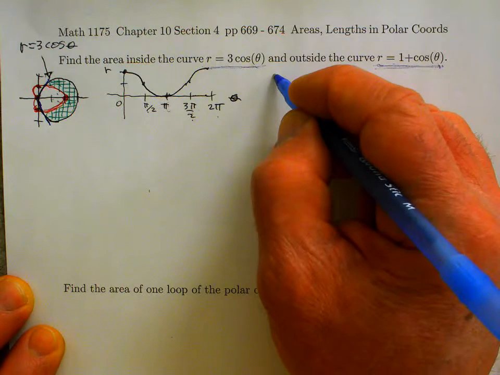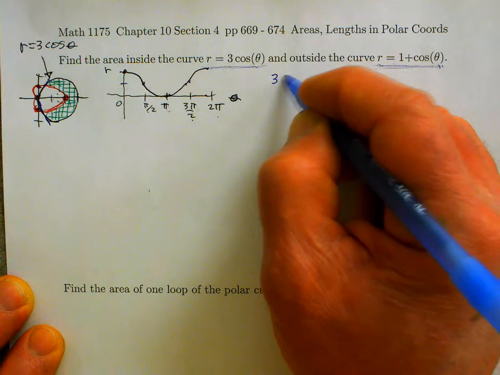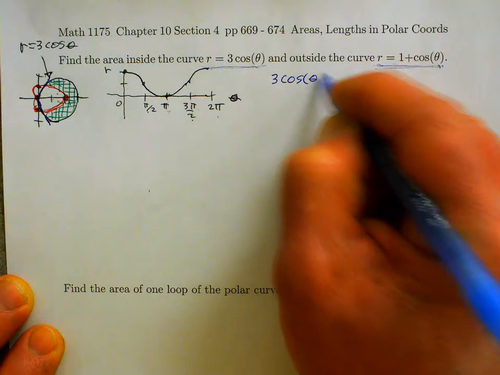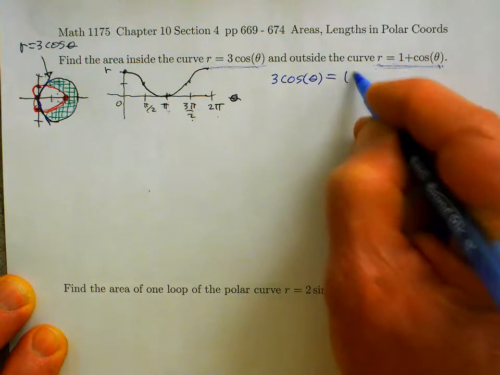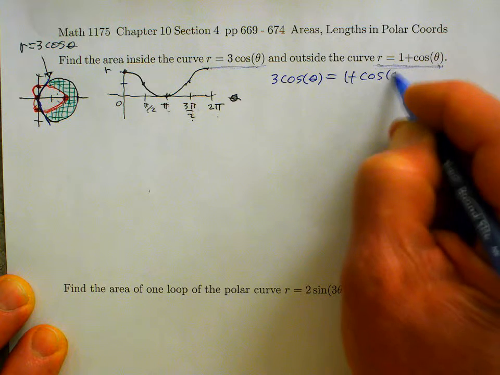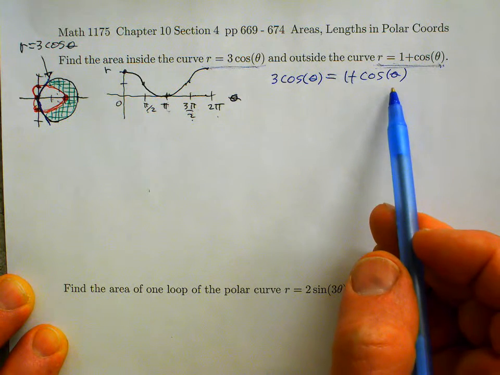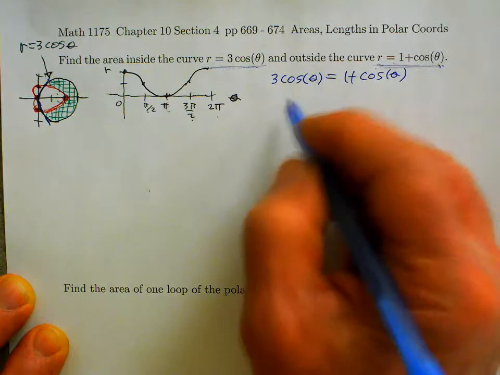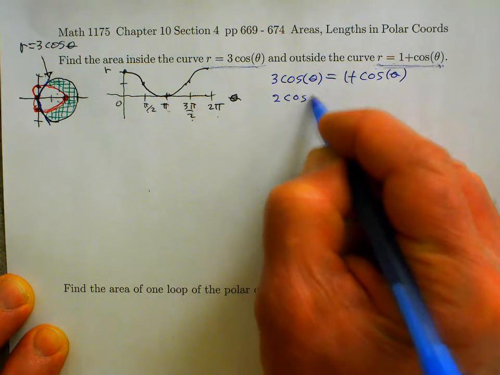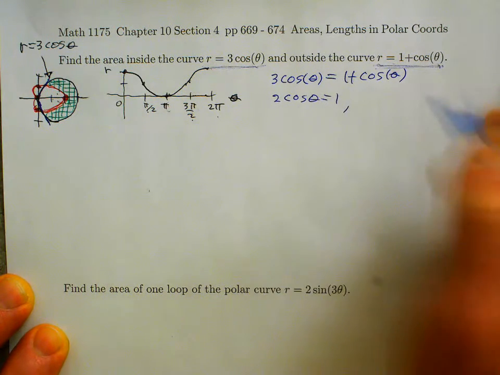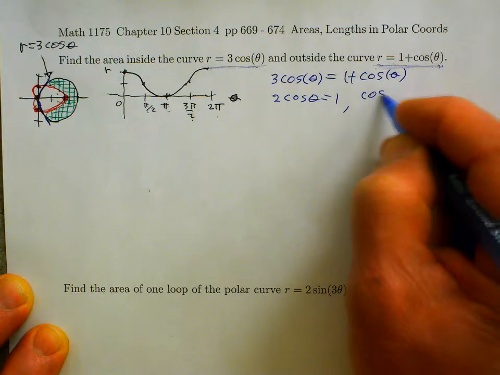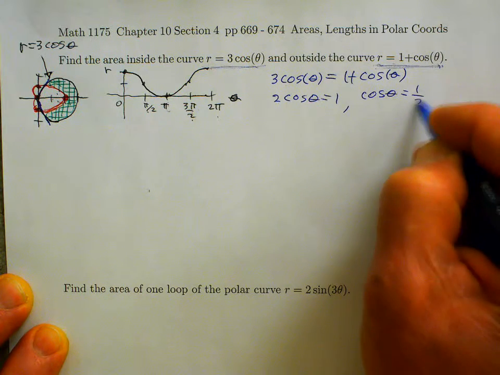So we set 3 times cosine of theta equal to 1 plus cosine of theta. And if we subtract cosine of theta from both sides, we get 2 times cosine of theta equals 1. Divide both sides by 2. Cosine of theta is 1/2.